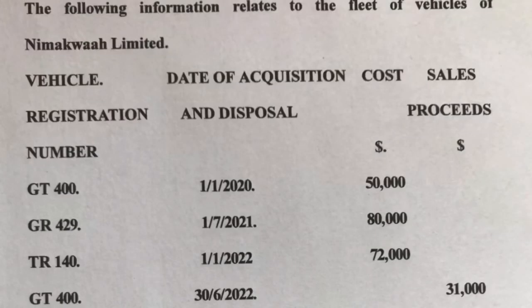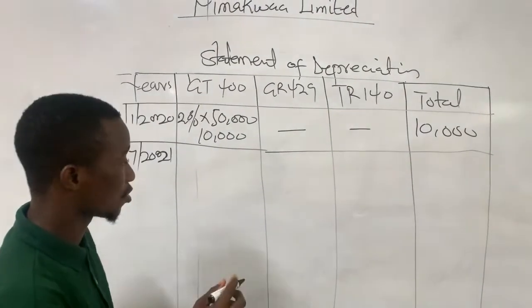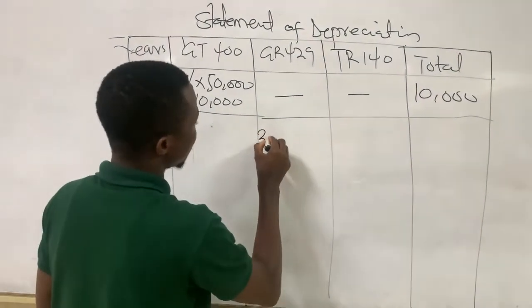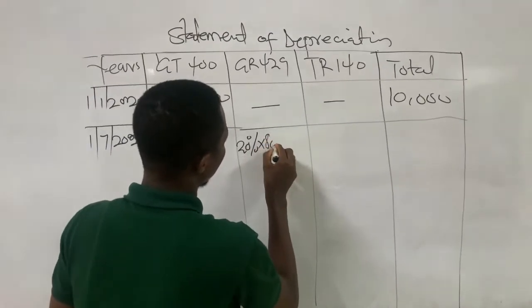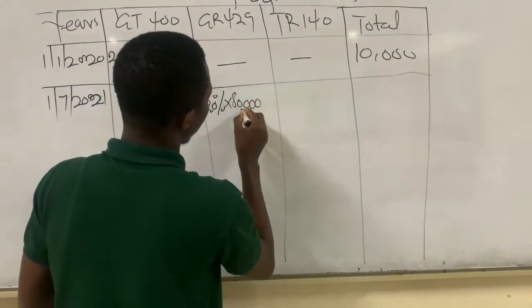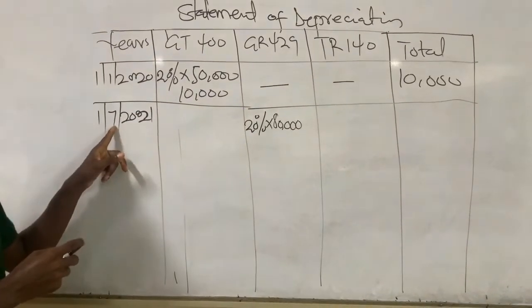By this time, we acquired asset JR 429 at a cost of 80,000. We actually acquired this asset at a cost of 80,000. So 20% on the 80,000. Is that okay? But mind you, we acquired the asset on 1st July.